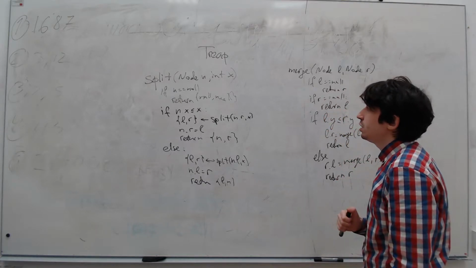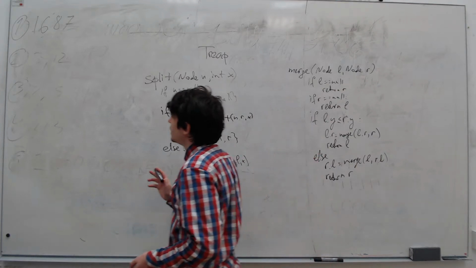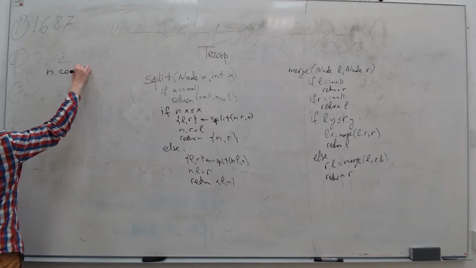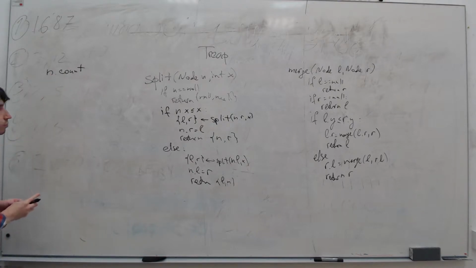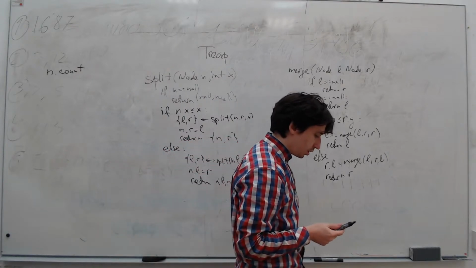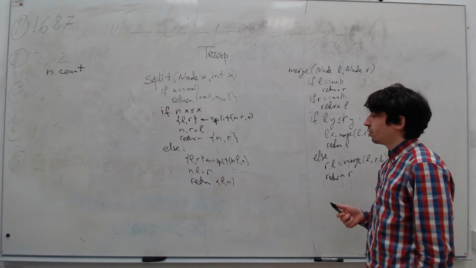For that, in each node, we will store an additional n.count. So how do we change the code so it will calculate the count?